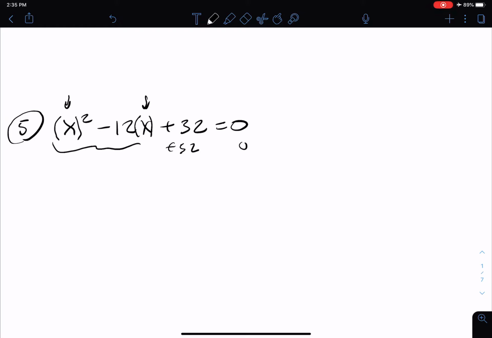So I'm looking for x values that will make that left side equal 0. Now, that is actually a really hard problem to figure out. I've got some number that gets squared, that same number gets multiplied by negative 12, and then you add 32, and magically you get 0. I think you're going to be guessing and checking for a long time.